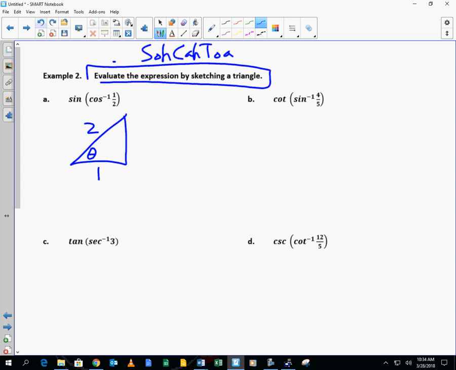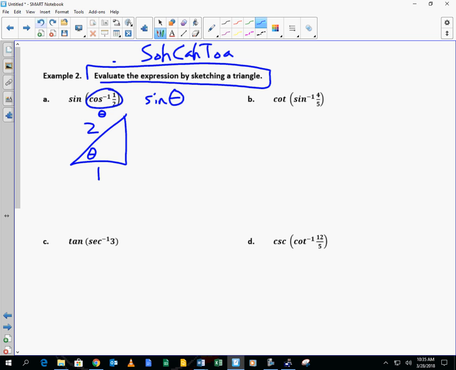Now here's what happens. If you do the cosine inverse of 1/2, you get 60 degrees. In any triangle, if you do cosine inverse, you're going to come up with theta. So this becomes theta, and you end up with sine of theta. Really, this question is just asking, what is the sine of theta? Sine is opposite over hypotenuse.